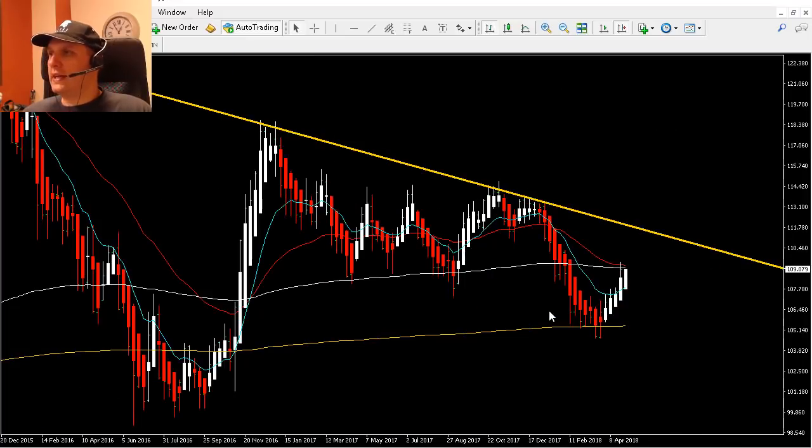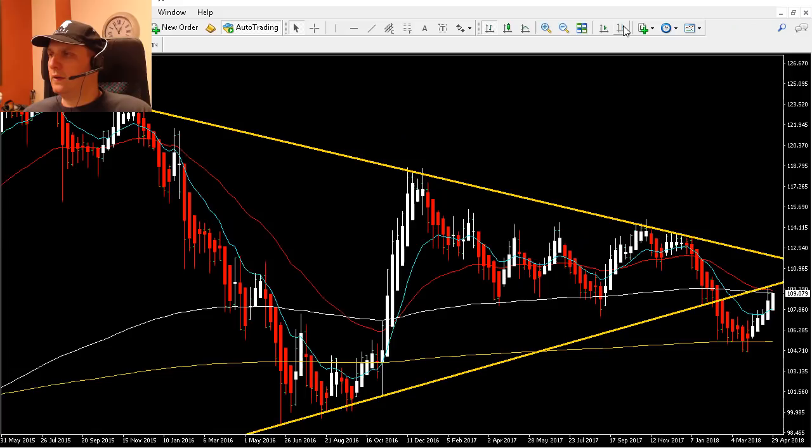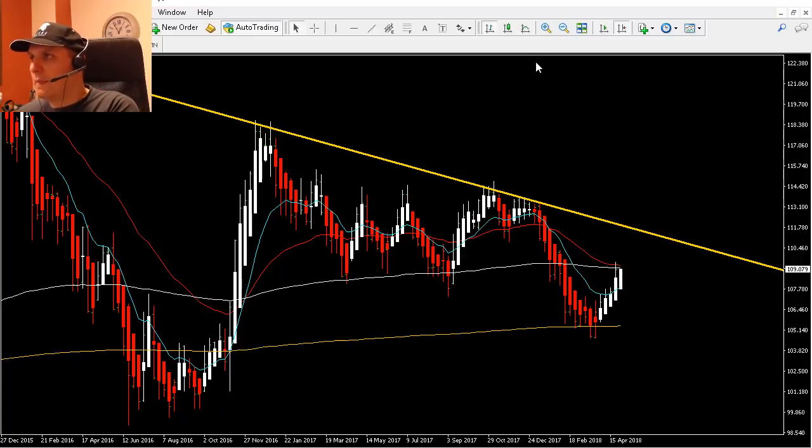A quick USD/JPY. We did already a lot of pairs, but just quickly, I know many of you like this pair. It did break that, but it's also coming back now to here, so this might act as resistance, this line. If not, and price does retrace back to here, then you know where your powerful resistance area is.